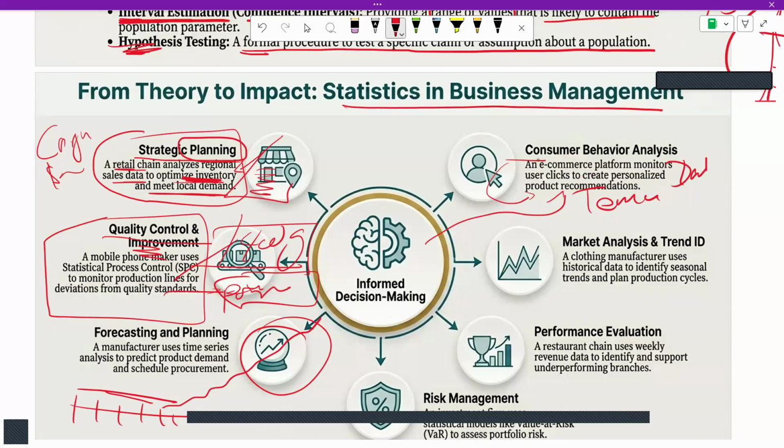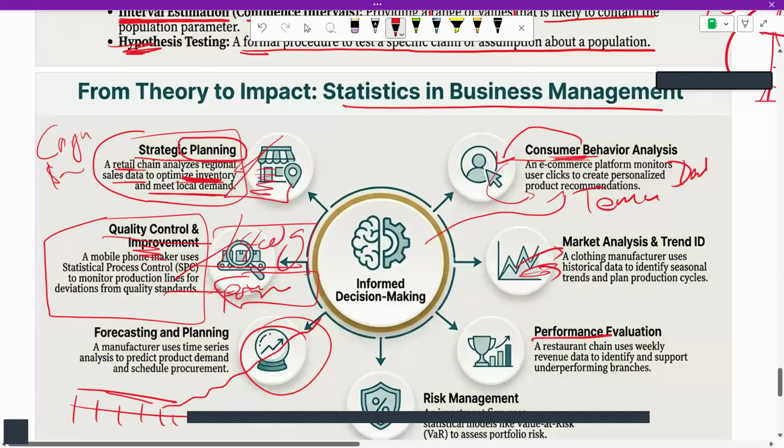That kind of data they will collect from you and do product recommendations for your app. And market analysis and trends, so which product is going faster, which product demand is going down. That kind of analysis can be used.